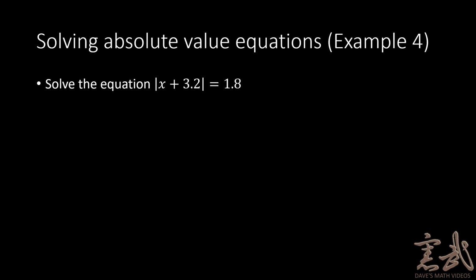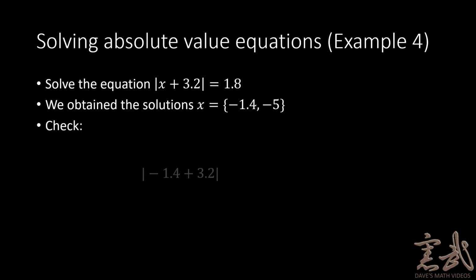So remember we had the equation, the absolute value of the quantity x plus 3.2 is equal to 1.8. And we obtained for x the solutions negative 1.4 and negative 5. We can simply put these into the equations. So if we insert negative 1.4 plus 3.2, we do indeed get 1.8.